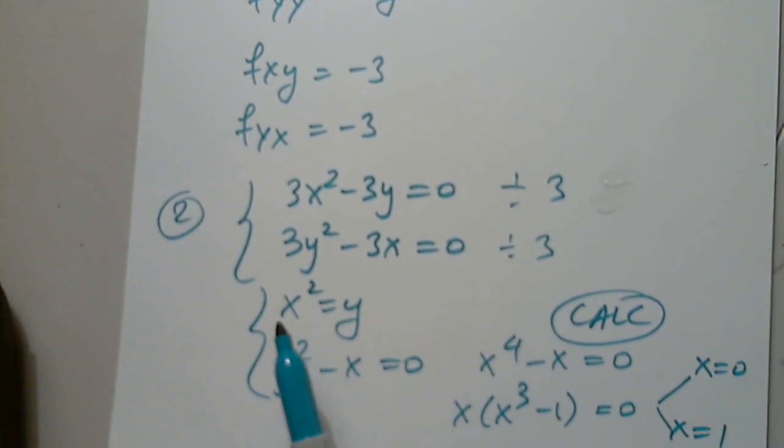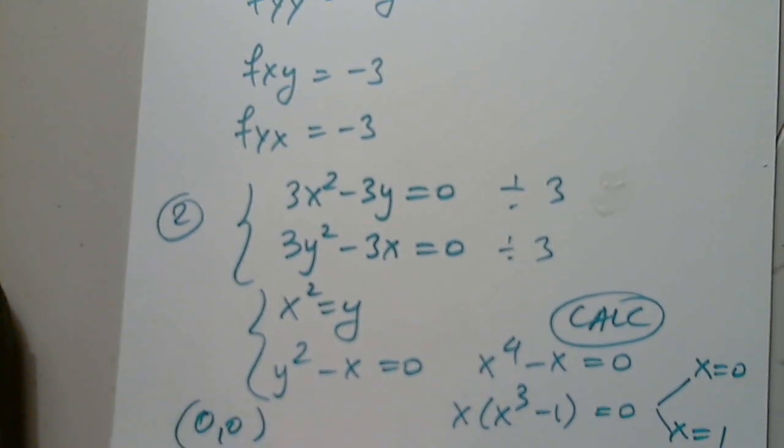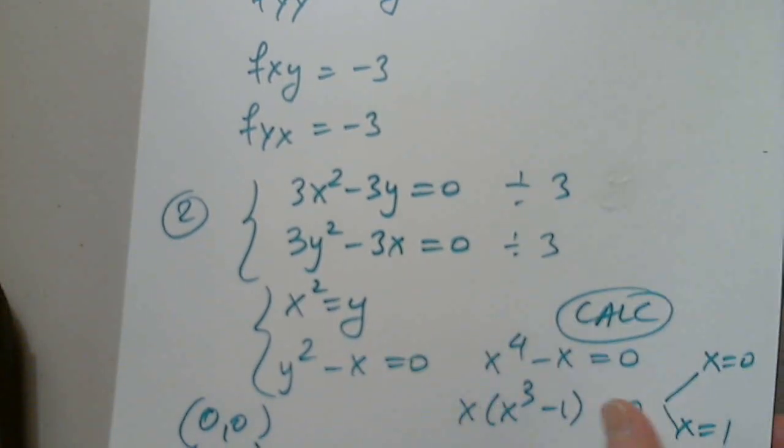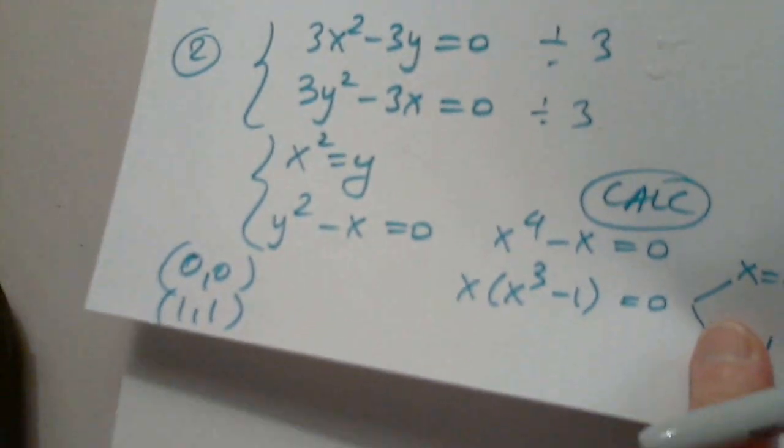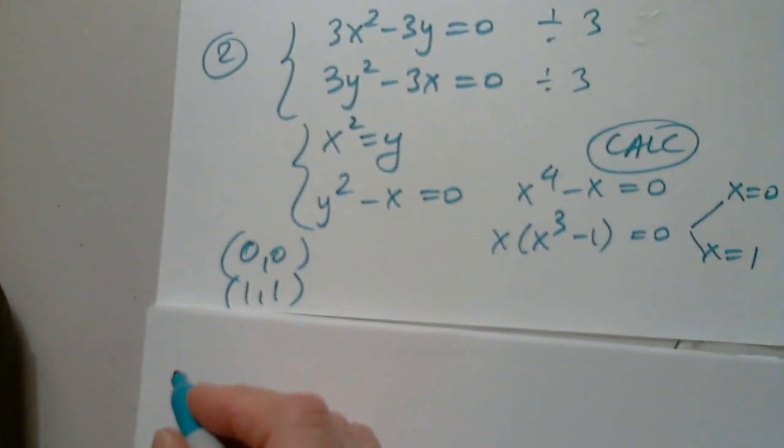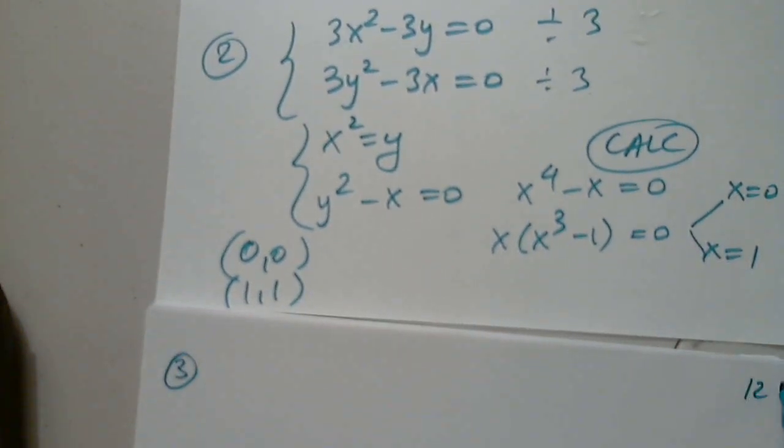So when x is 0, y is 0. So one point will be 0, 0, and the other point will be 1, 1. So for this example, I have to look at 2 points. So now the D-test, I'll start with 1, 1.